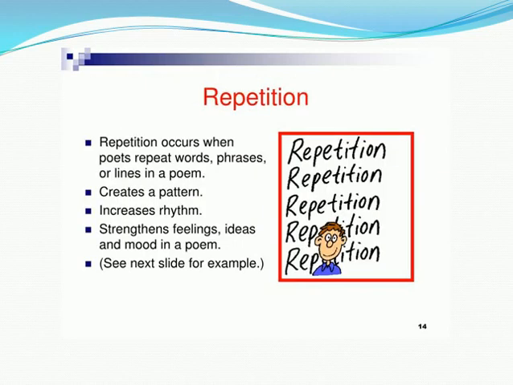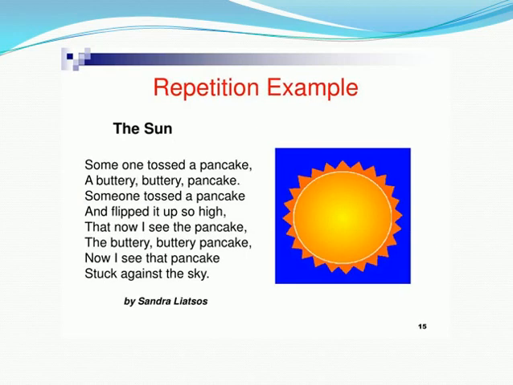Repetition occurs when poets repeat words, phrases, or lines in a poem. It creates a pattern or rhythm, and it strengthens the feelings and the mood of the poem. Here you will see the repetition of the words buttery, pancake, and so on.